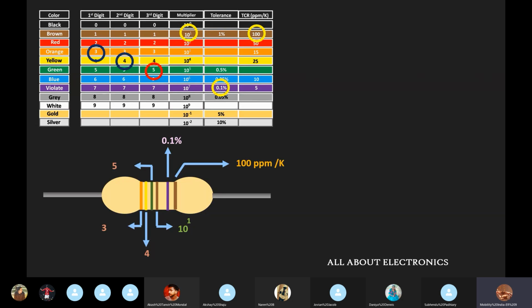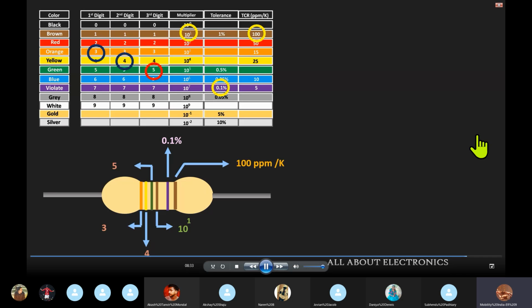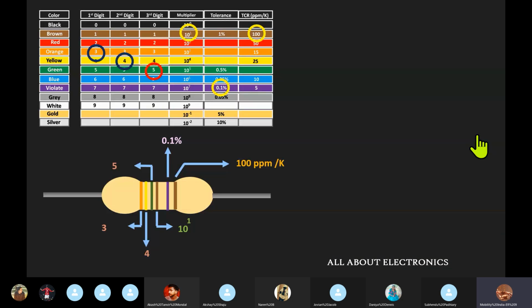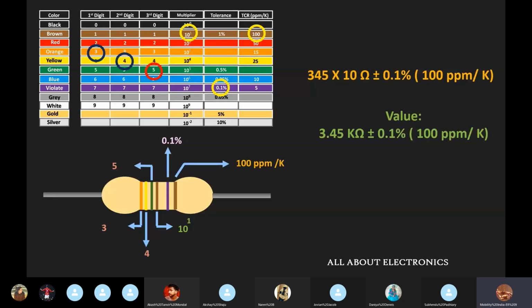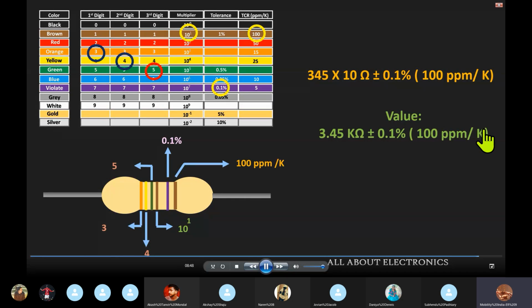So now let us combine the individual values. We can say that the value of this resistor R is equal to 3.45 kilo ohm with a tolerance of 0.1%, and the temperature coefficient of resistance for the given resistor is 100 ppm per degree Kelvin.